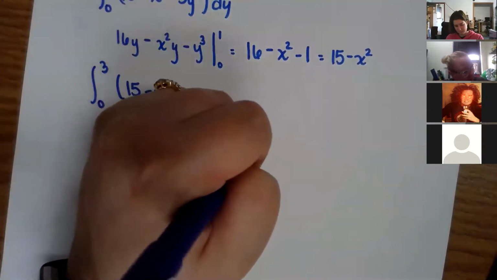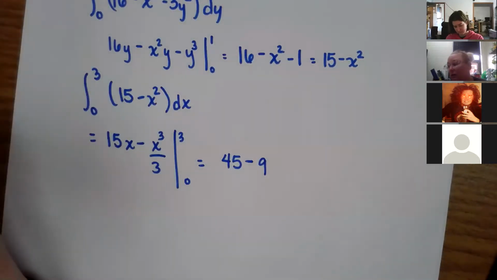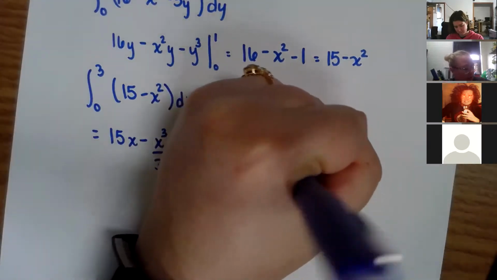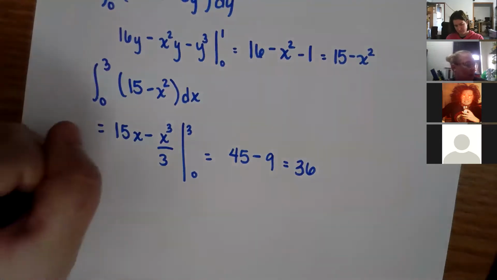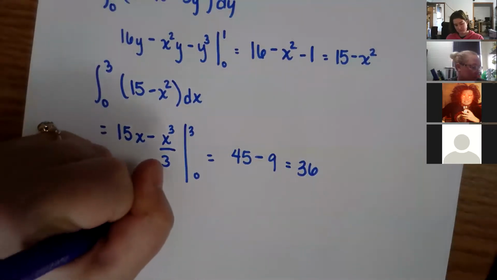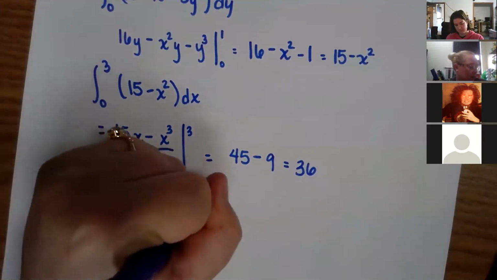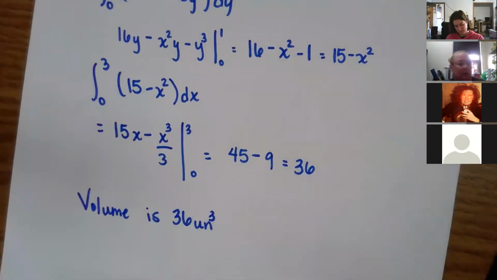So that's going to be 45 minus 9. So the volume is 36 cubic units.